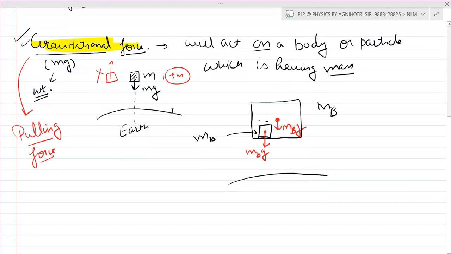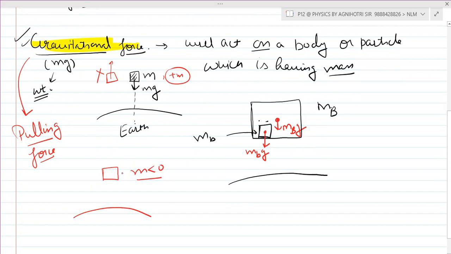Now let me tell you, if you want to say, sir, is it feasible to have the gravitational force as a pushing force? I will say, okay, let's go into some hypothetical format. If you say the mass is negative, as the mass can never be negative, but hypothetically, you consider a body having a negative mass.